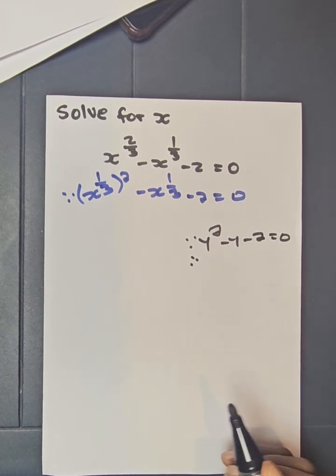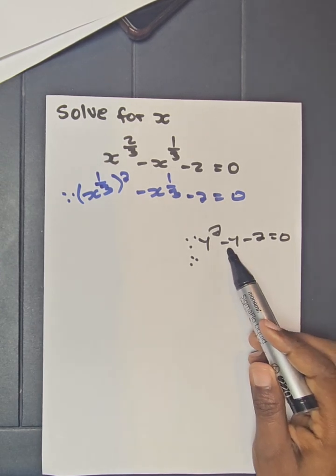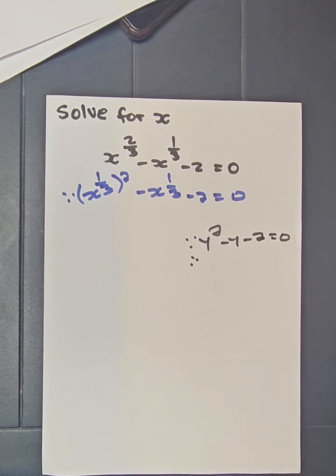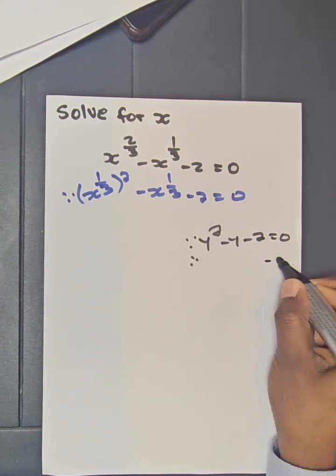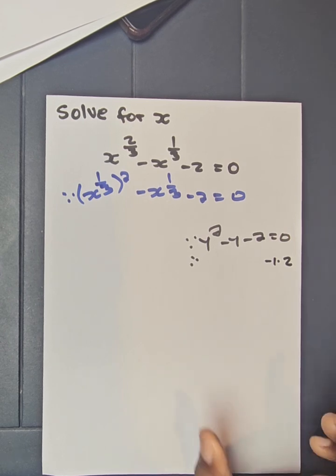Therefore, we have the constant term minus 2. So how can we use the factors of minus 2 in order to get the coefficient of y, -1? The factors of minus 2 can be -1 times 2. If we add -1 and 2, can this give us -1? No, it's going to give us +1.